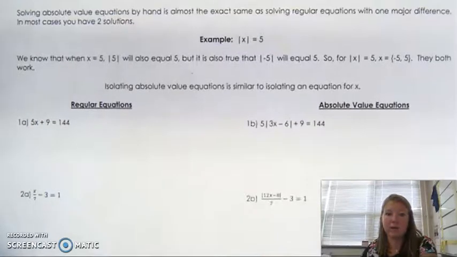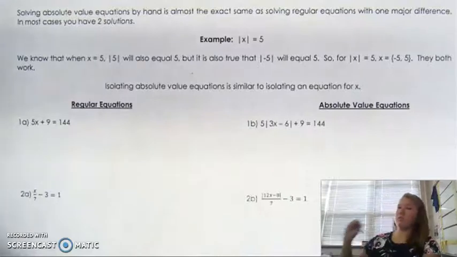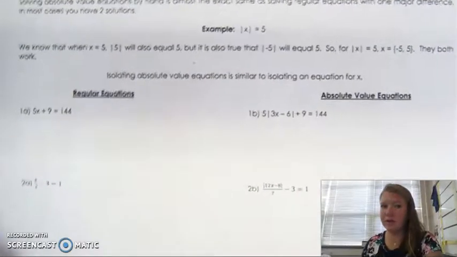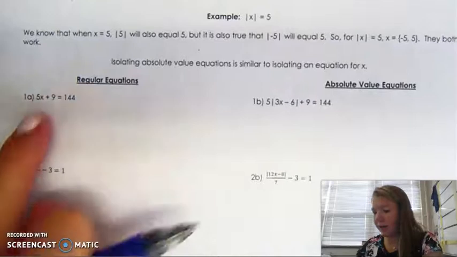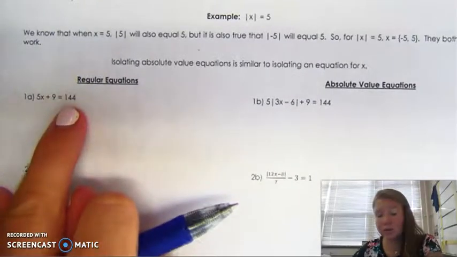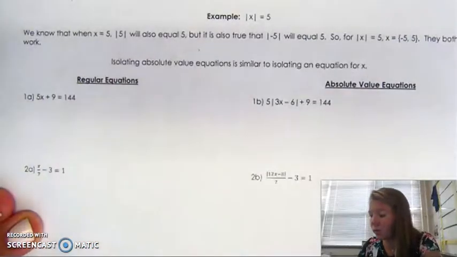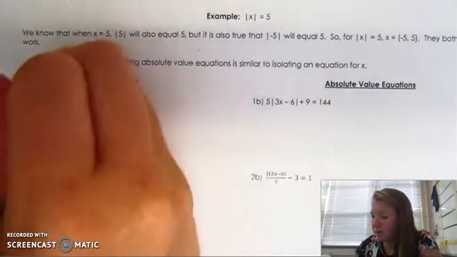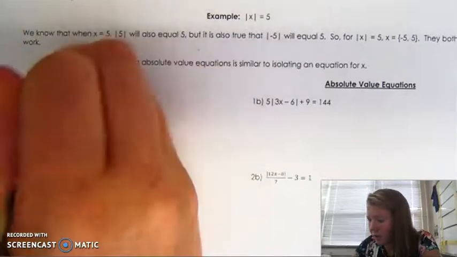Isolating absolute value equations is similar to isolating an equation for x. So what I want us to do is think back to previous math courses and how we solve for x. So in this example, we do not have any absolute value bars. The first thing I would do to isolate x is to subtract 9 from both sides.